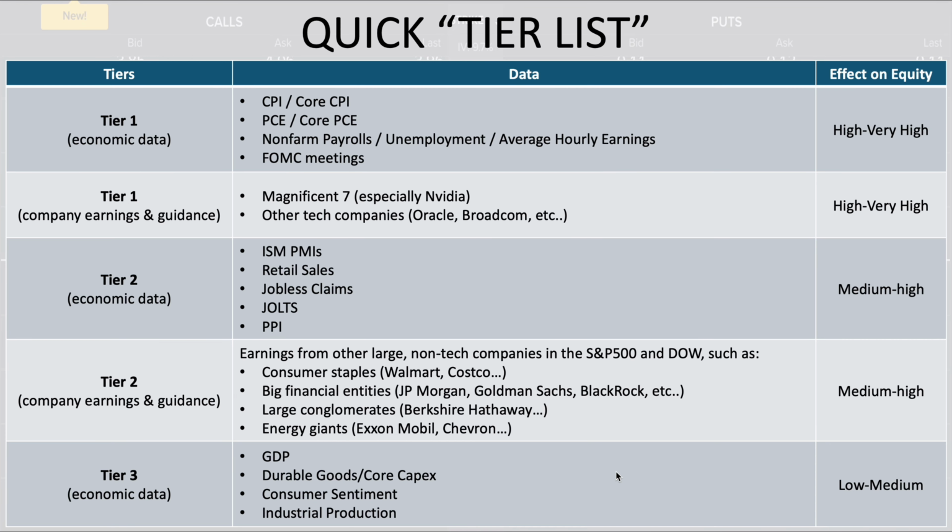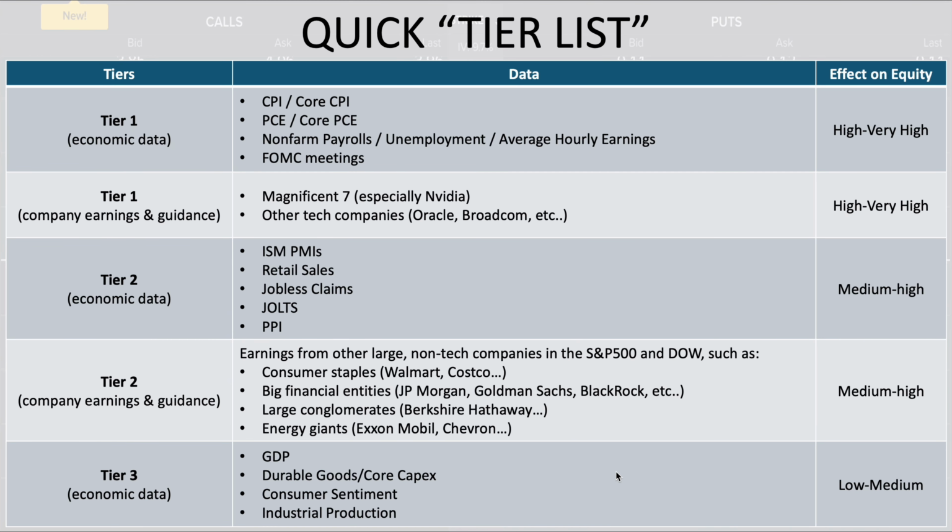the other tech companies, when it comes to the also tier 1 company earnings and guidance, not only the earnings are important, but the guidance when it comes to expected future business performance.